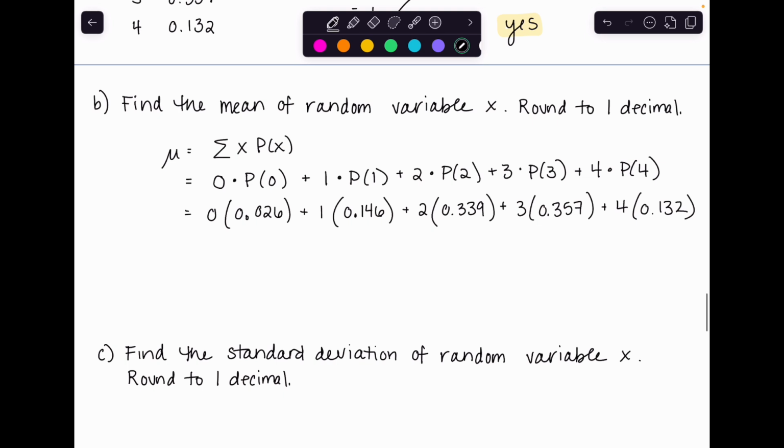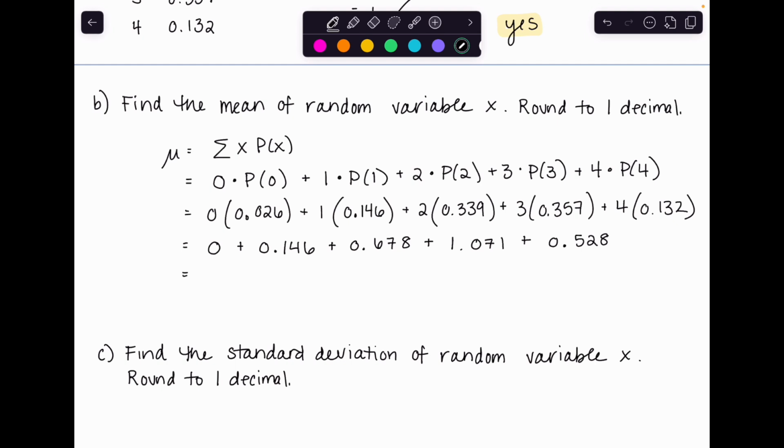So going through and multiplying these, well, 0 times anything is 0. 1 times anything is itself. When you do 2 times 0.339, you should get 0.678. 3 times 0.357 will give you 1.071. And finally, 4 times 0.132 is 0.528.